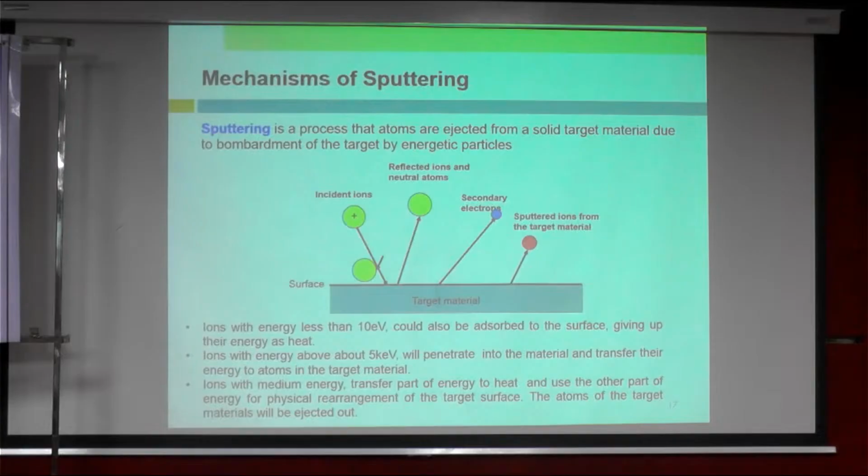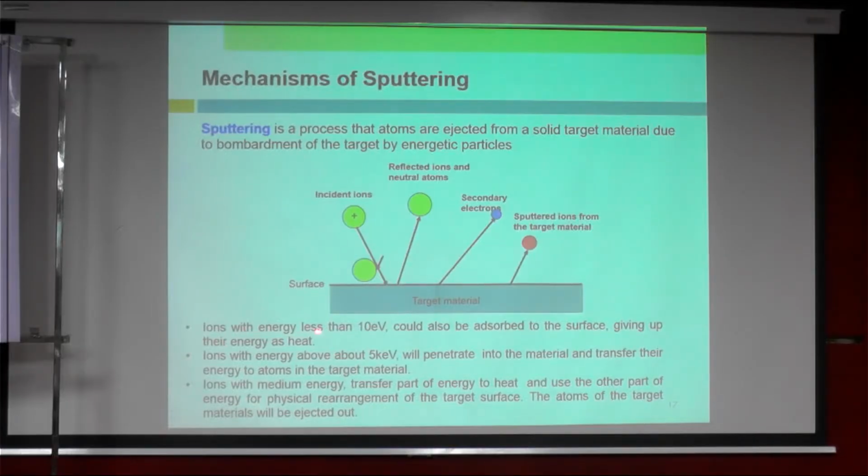The target material can be aluminum, titanium, or gold, for example. So this will need different control in order to deposit different materials.